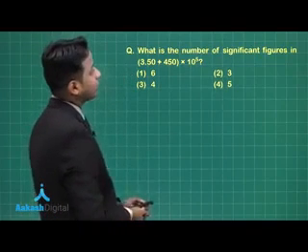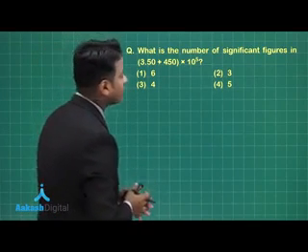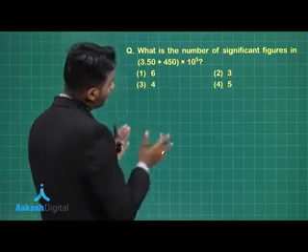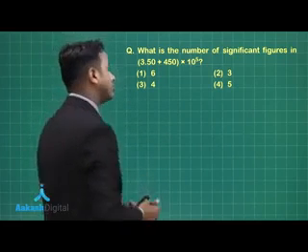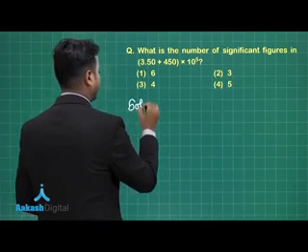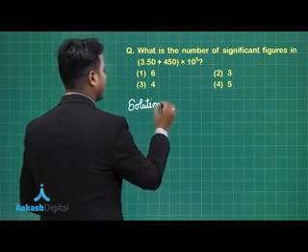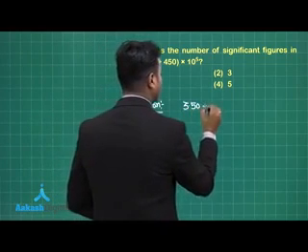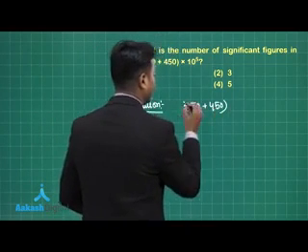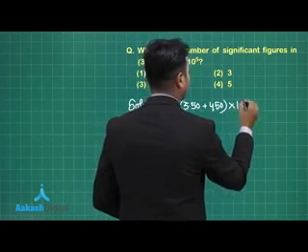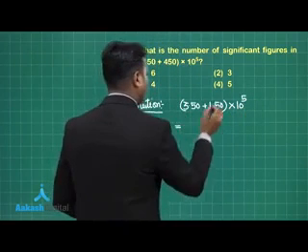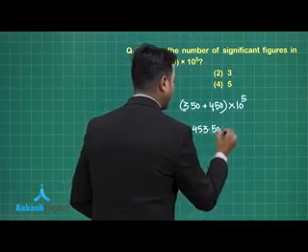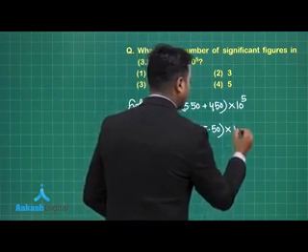Next question says, what is the number of significant figures in (3.50 plus 450) multiplied with 10 to the power 5? Now, let's try to sum this number up. This would simply be 3.50 plus 450 multiplied with 10 to the power 5. This will, on calculation, give me 453.50 multiplied with 10 to the power 5.